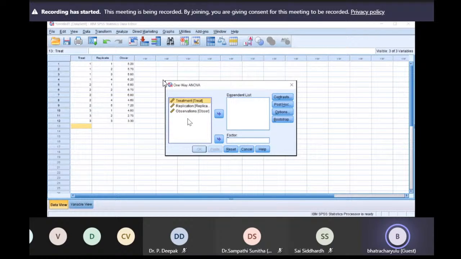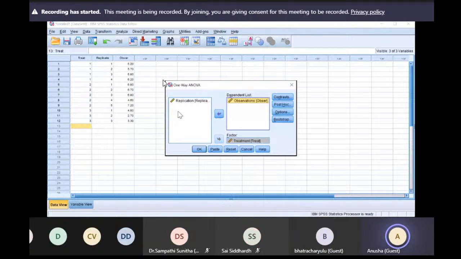The factor is treatment, not replication. And the observations you send to the dependent list.